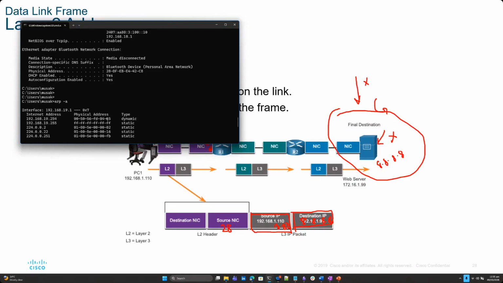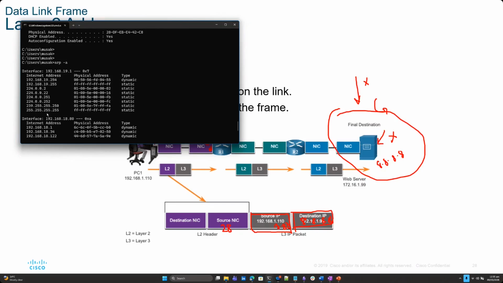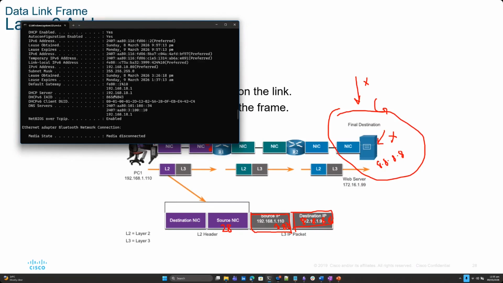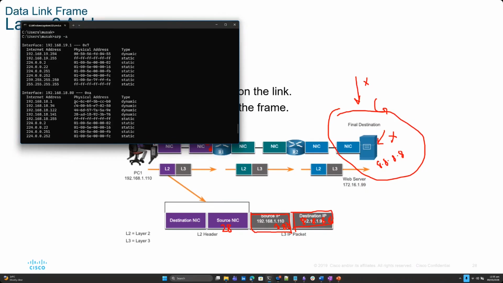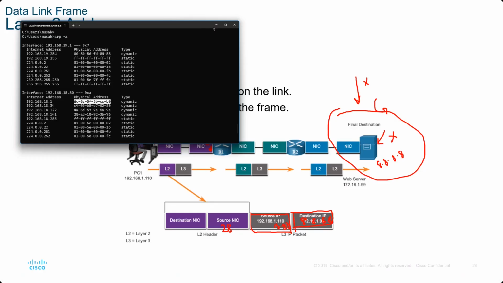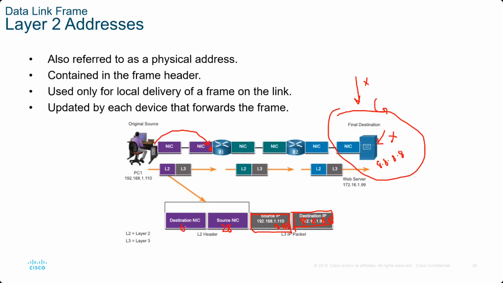I'm just giving you the high-level steps. So my computer will try to find 192.168.18.1 and its MAC address. Here is the MAC address of my access point. In short, I would say 6C. So it will put 6C here, which is the MAC address of this R1.